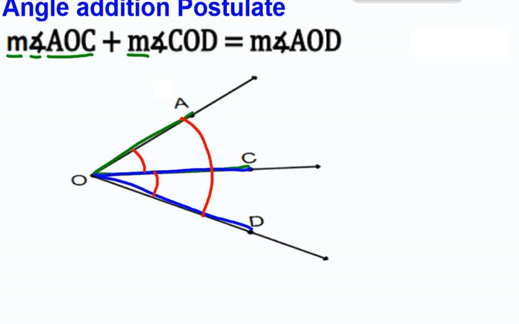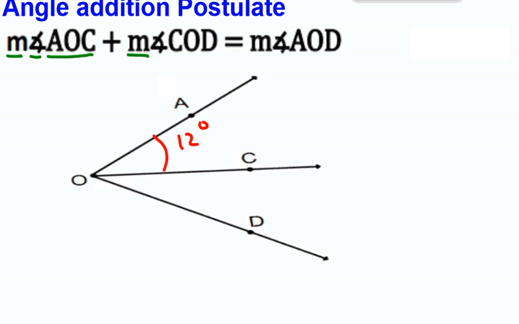All right, so for example, let's say that this angle AOC was equal to 12 degrees. And let's say that angle COD was equal to 10 degrees. Well then, of course, the whole angle would have to be 12 plus 10, which is equal to 22 degrees. Common sense, right?